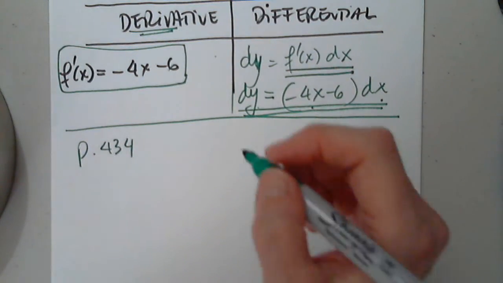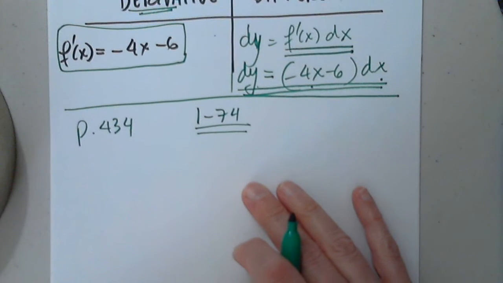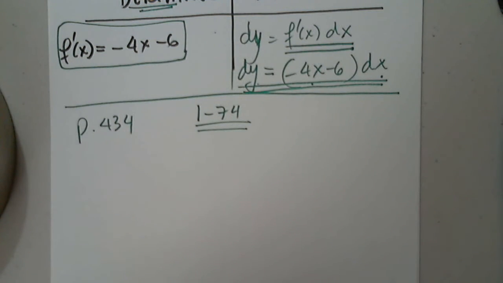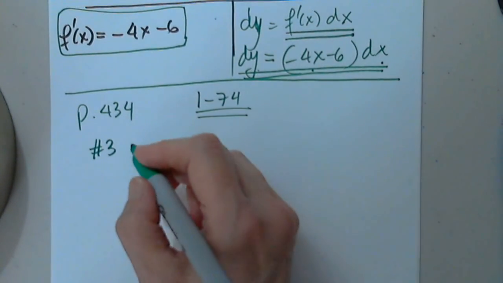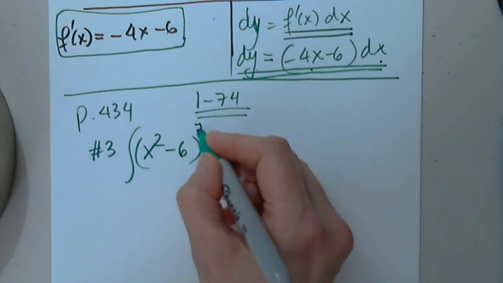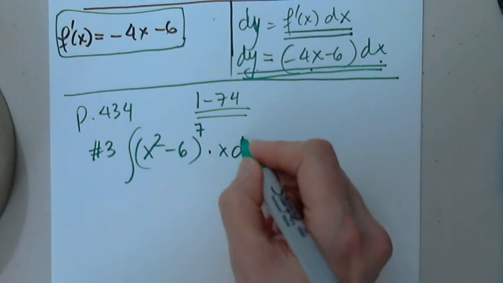I'll let you choose anything you want from 1 to 74, but after I show the first two examples. So I would like to start with number 3. And we have the integral of x squared minus 6 to the 7th power times x dx.